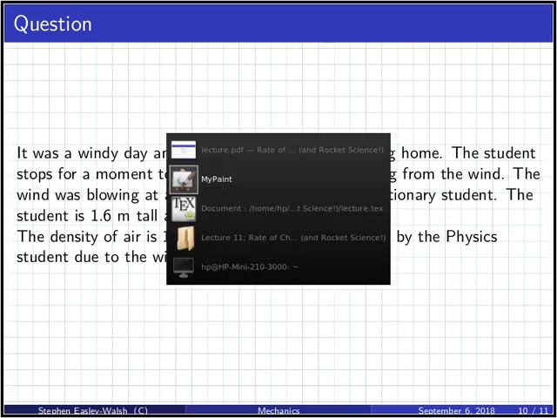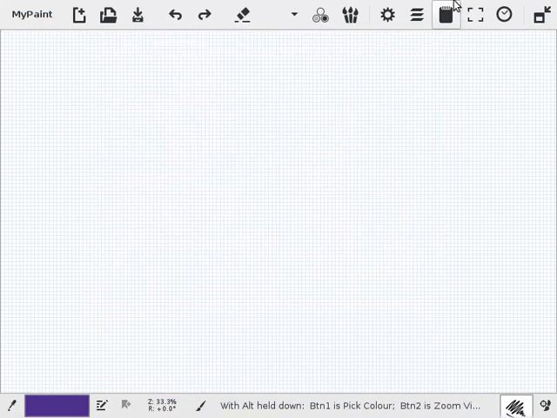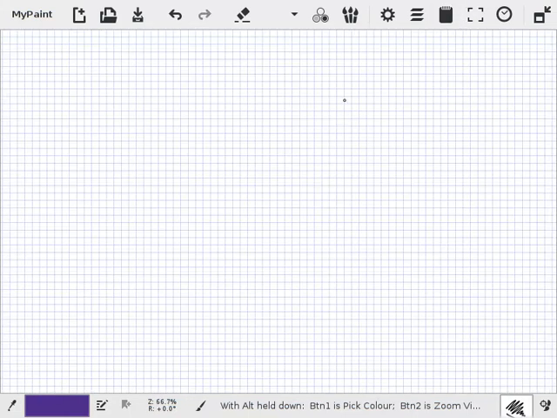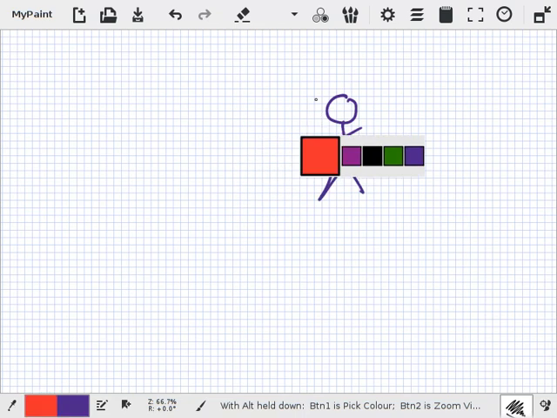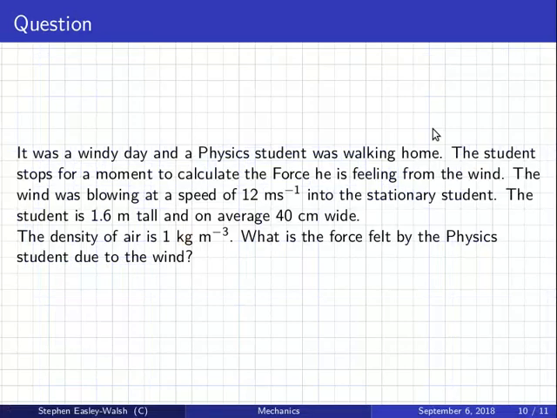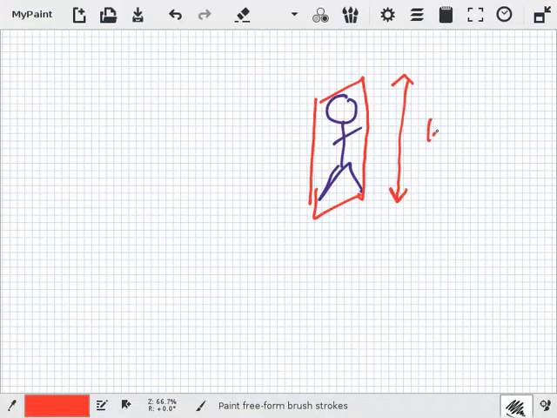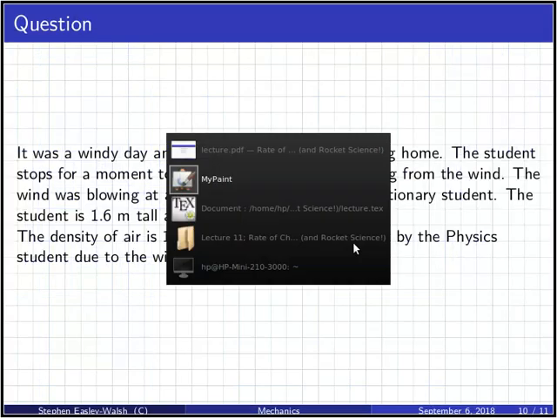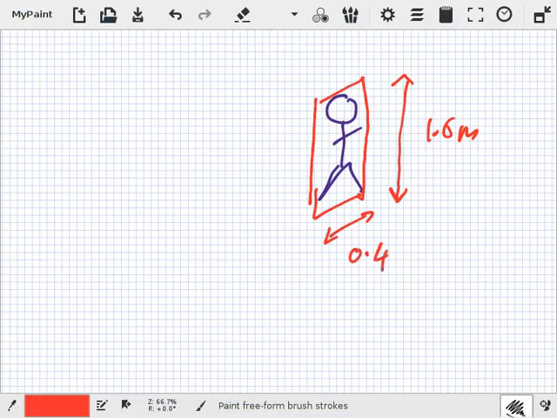So let me just draw this picture here so you can see what's going on. Here's my student. I picture the student like a rectangle. That's 1.6 meters tall and 40 centimeters wide. And he has this air that's blowing into him.